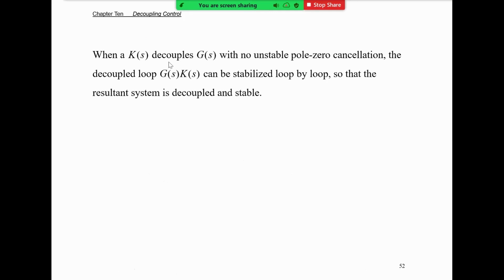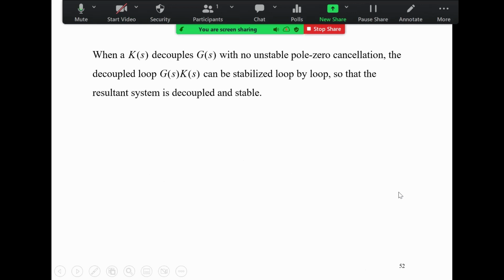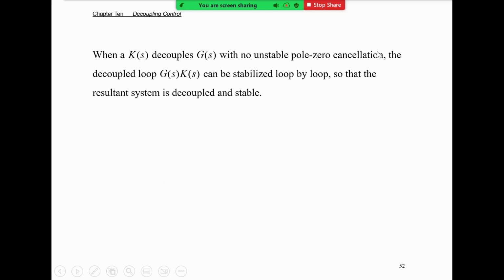When a controller K decouples G with no unstable pole-zero cancellation, just make sure no unstable pole-zero cancellation is involved. Then the decoupled system can be stabilized loop by loop, because each one is just a single input, single output system.